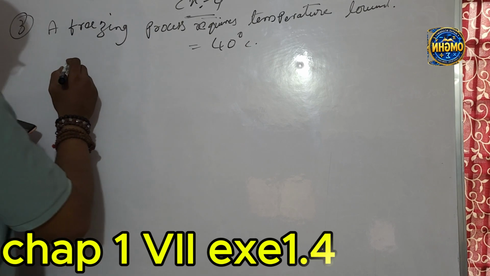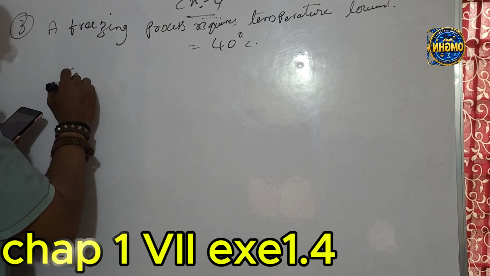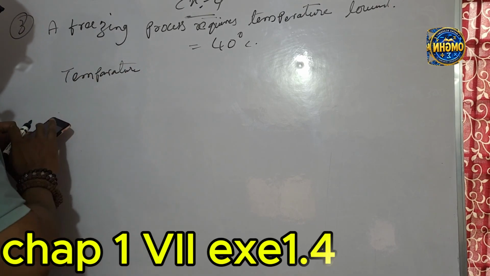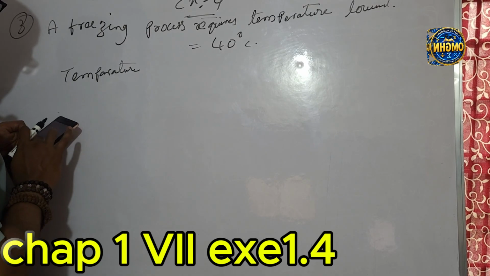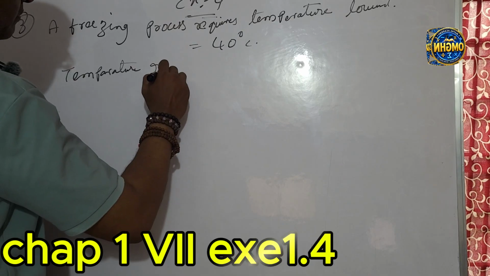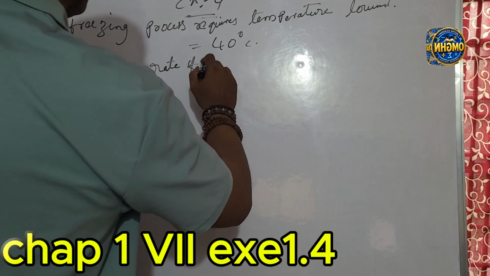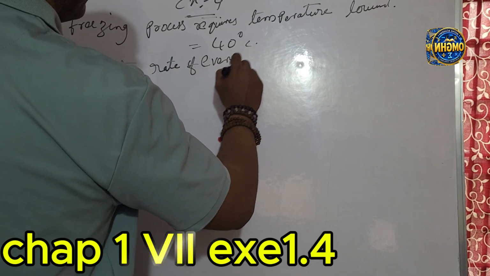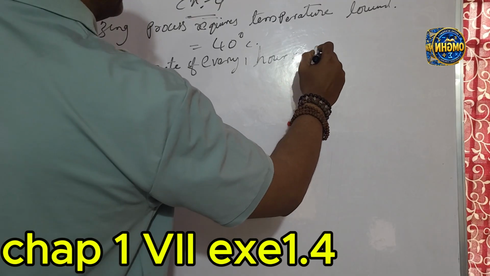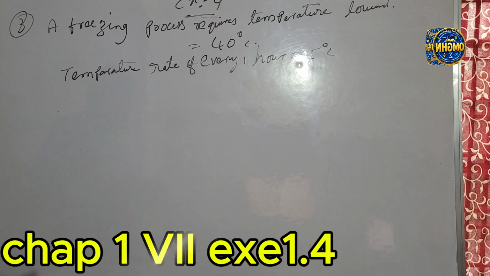So, we will write like this. Temperature rate of every 1 hour is equal to 5 degrees centigrade. అంటే ప్రతి 1 hourకి 5 degrees తగ్గుతుంటుంది అనమాట.